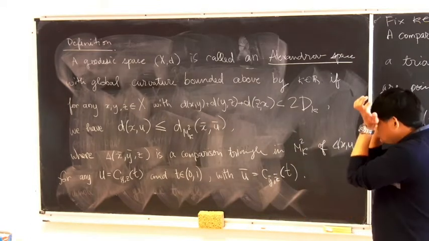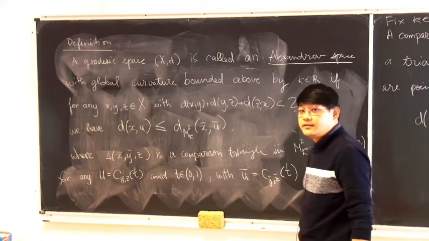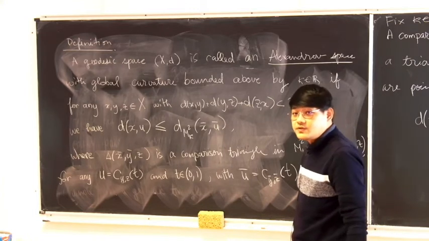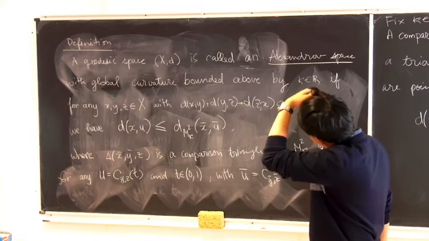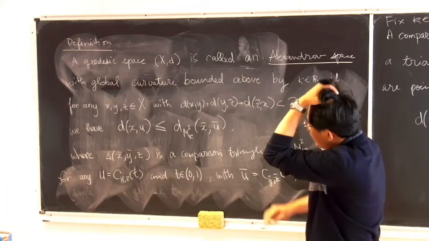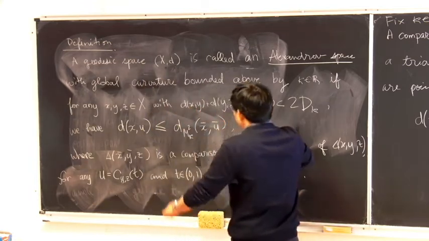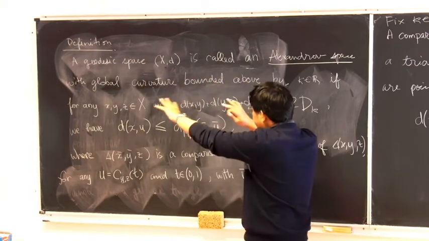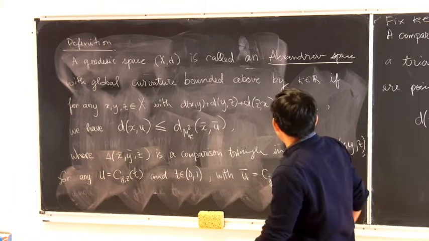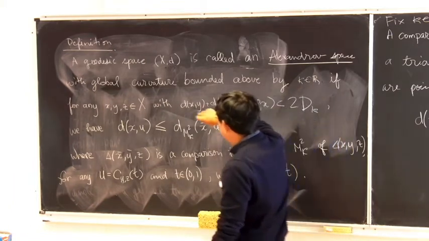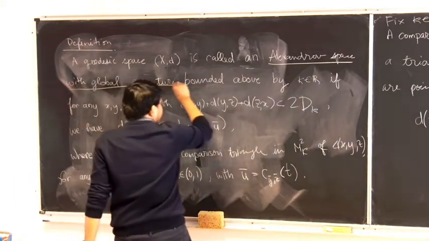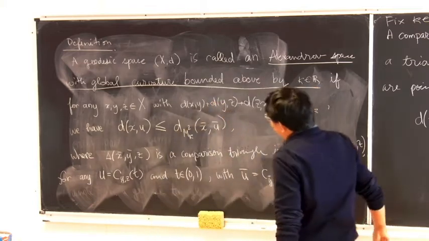Okay, so this is the definition. Can you see it? Okay, so first we take a geodesic space (X, d). We want to verify when this geodesic space is called an Alexandrov space with global curvature bounded above by kappa, quite long.